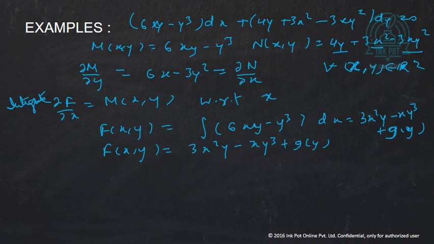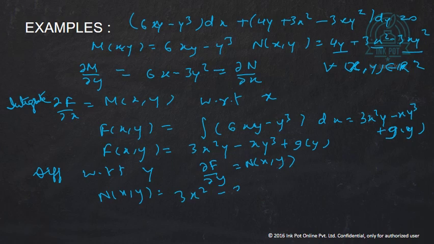Now we differentiate with respect to y, and we had ∂f/∂y is equal to N(x,y). So ∂f/∂y is 3x squared minus 3xy squared plus g'(y), right?